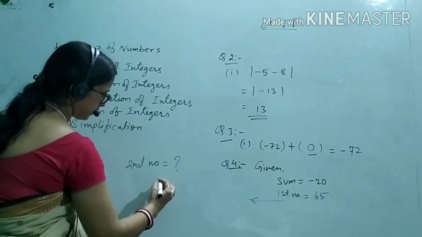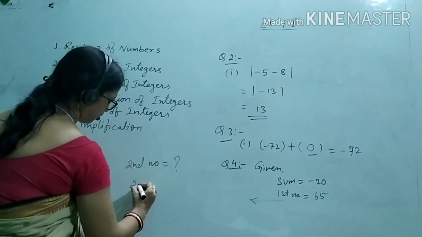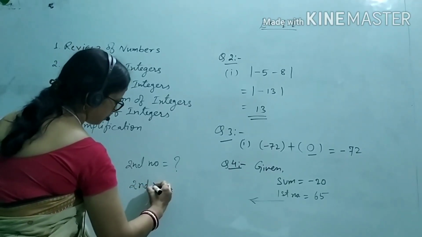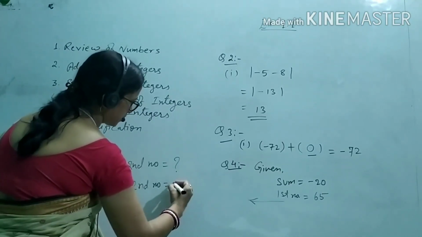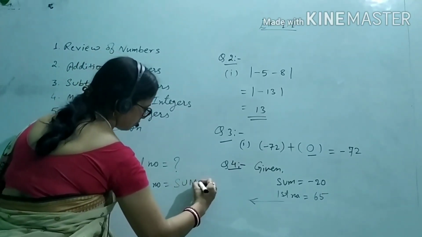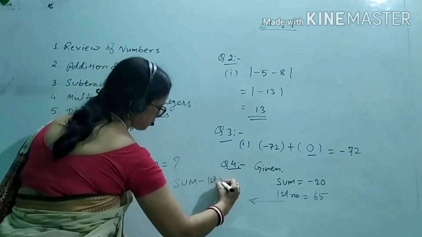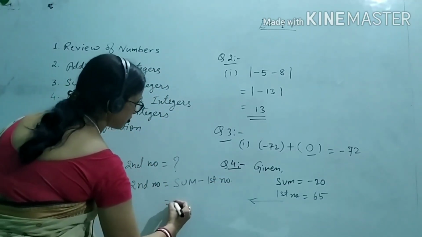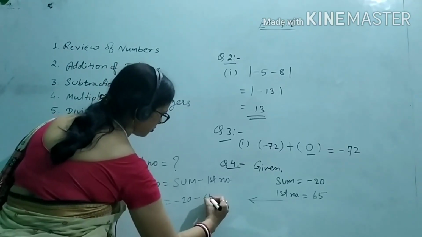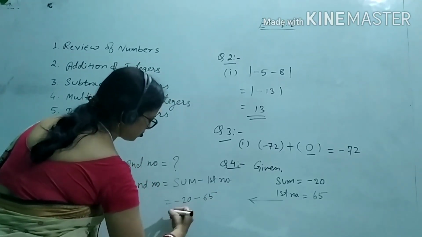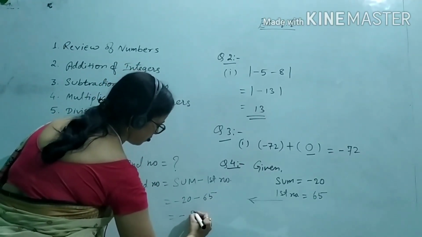So what we can do is find the second number, by subtracting the first number from the sum. Sum minus first number. So the answer is minus 20 minus 65. The answer is minus 85.